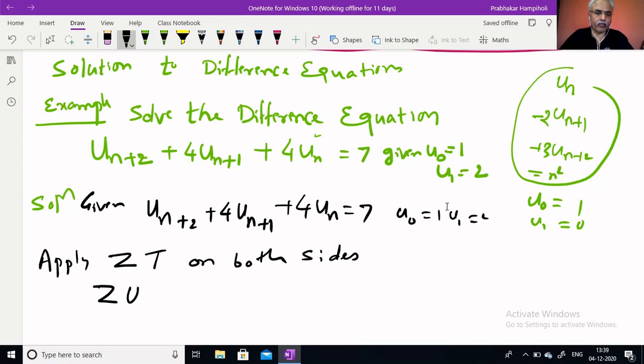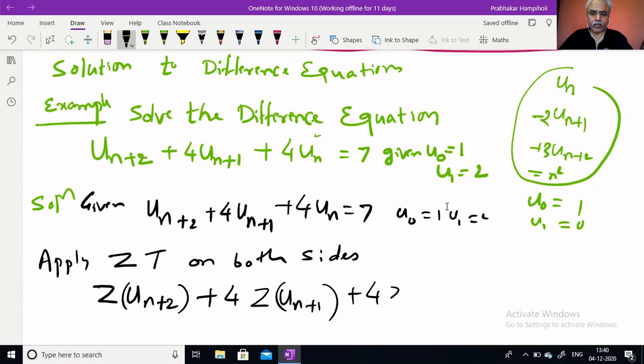The z transform of the first function plus 4 times, by linearity property, the z transform of the second function plus 4 times the z transform of un equals the z transform of 7.